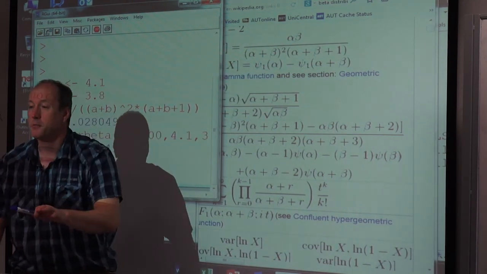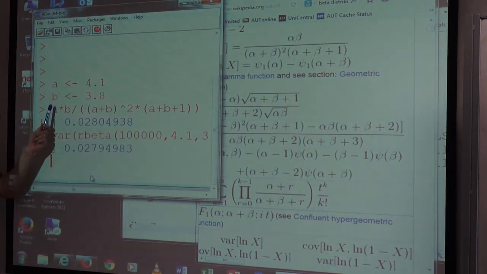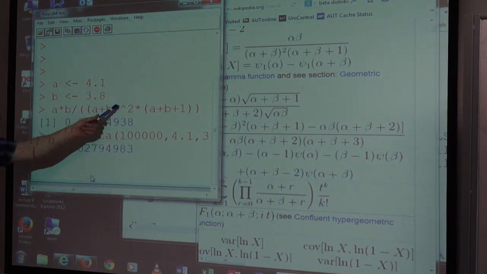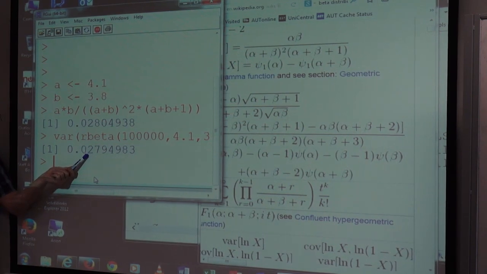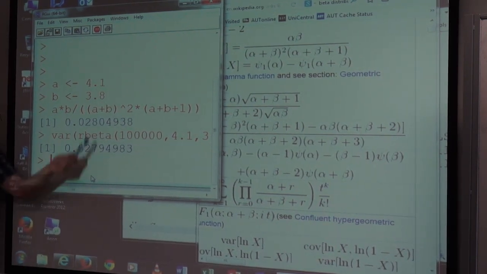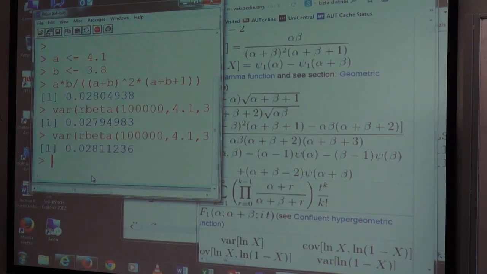I've got no reason to disbelieve it, but it's nice to check. Let's just whack it in, and you see all I did was write down A and B instead of alpha and beta: A times B, over A plus B squared times A plus B plus 1. That's the numerical value, and here's my numerical estimate of it, which is pretty damn close. Sometimes above and sometimes below.